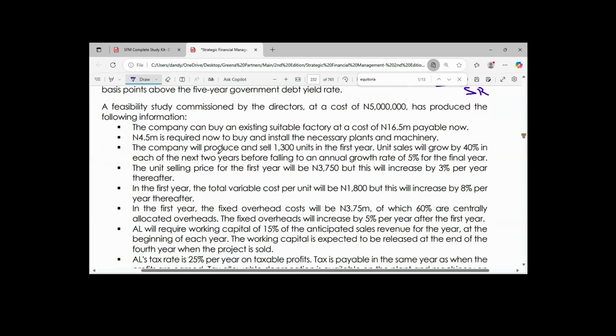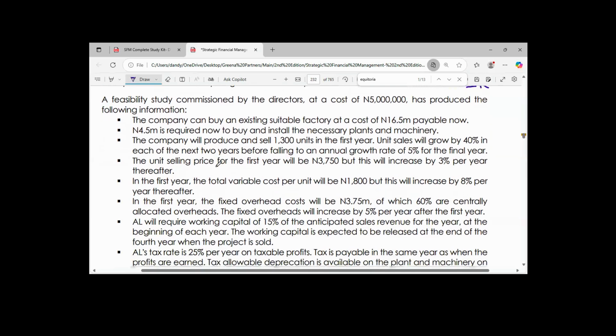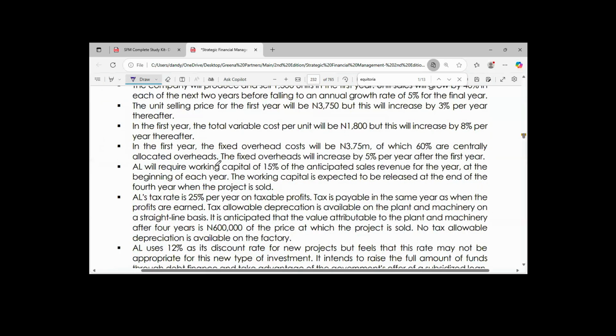In the first year, the total variable cost per unit will be 1,800 naira, but this will increase by 8% per year thereafter. In the first year, the fixed overhead cost will be 3.75 million, of which 60% are centrally allocated overheads. The fixed overheads will increase by 5% per year after the first year.